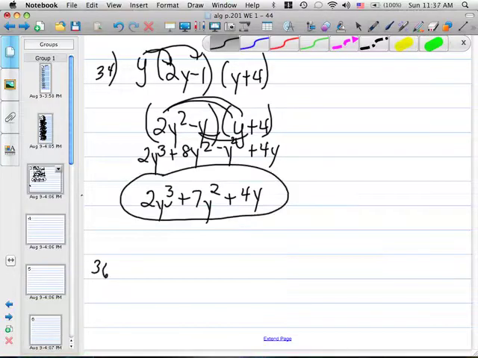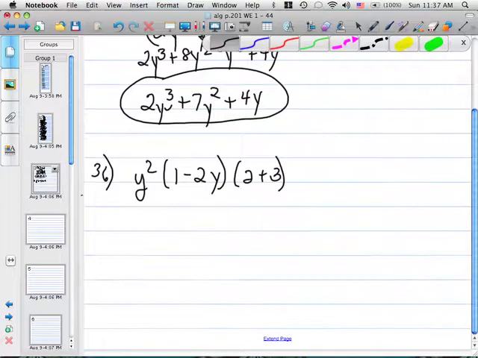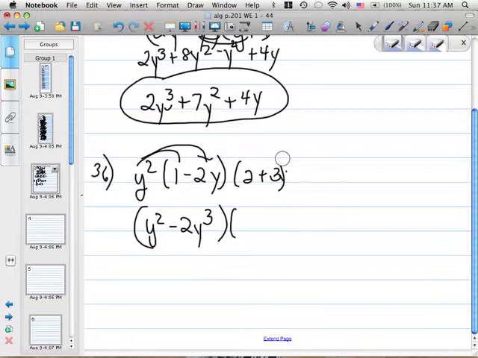And 36, we have y squared times y minus 2y times 2 plus 3y. Again, just to get two binomials, we're going to multiply this first. So we get y squared minus 2y cubed. Now times it by the second, 2 plus 3y.